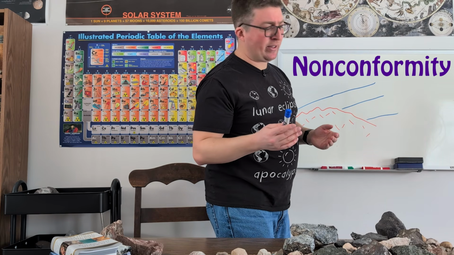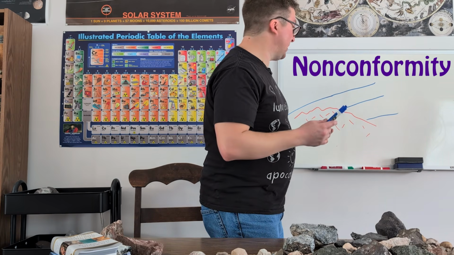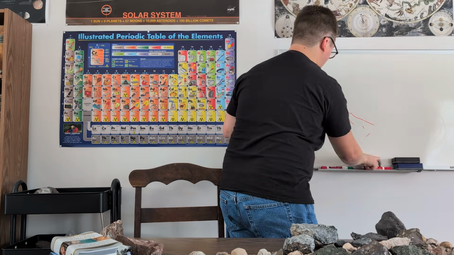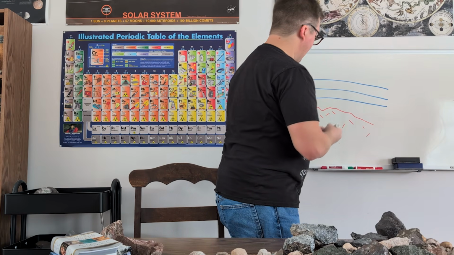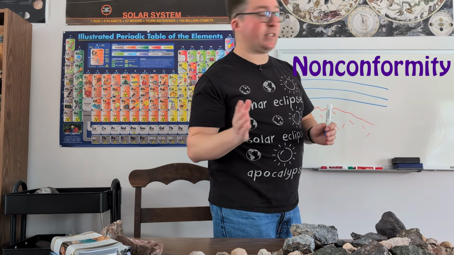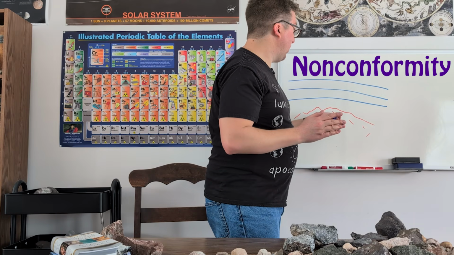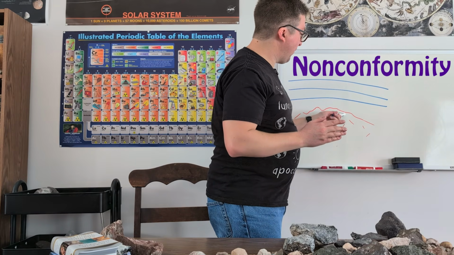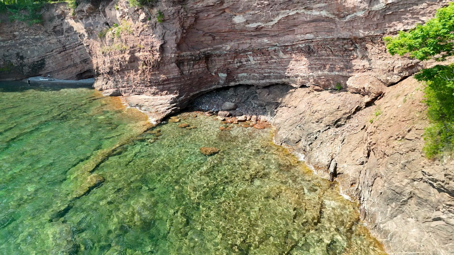It isn't always so obvious, though. A more common situation is something that looks something like this. All right, so as a geologist, then you've got to figure out what's going on here. Well, if this is an igneous body and an intrusive, you might assume that it was intruded in. But if you've got a metamorphic rock, say this is a gneiss here, well, gneisses aren't intruded into anything.